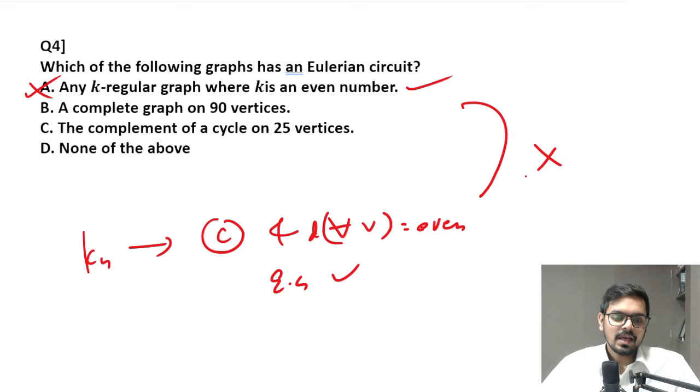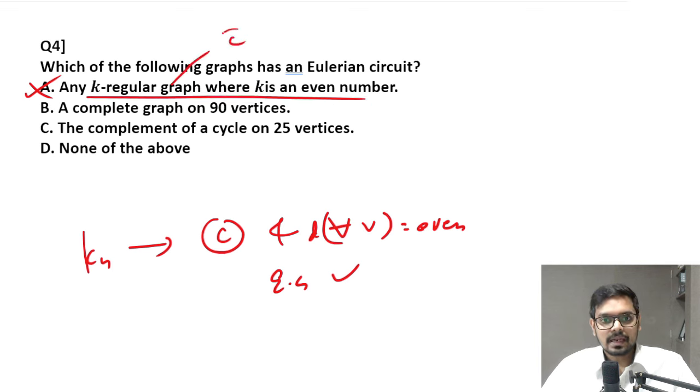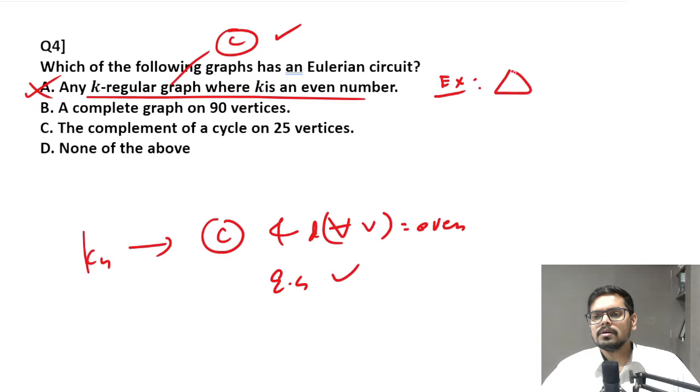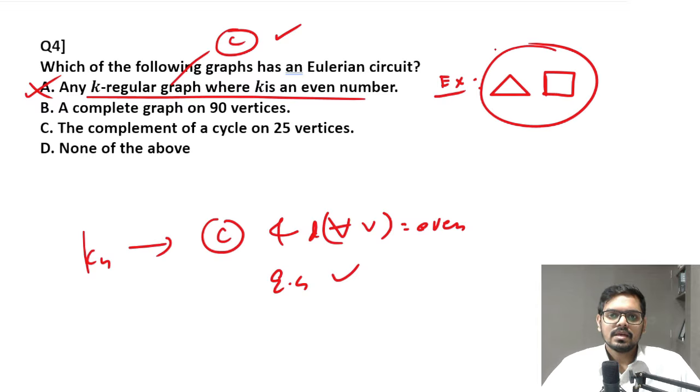Check. In the option, are they saying the graph is always connected? No sir, they are just saying a k-regular graph where k is even. Then I have this example. See. Tell me, this graph, is it a k-regular graph? Yes.